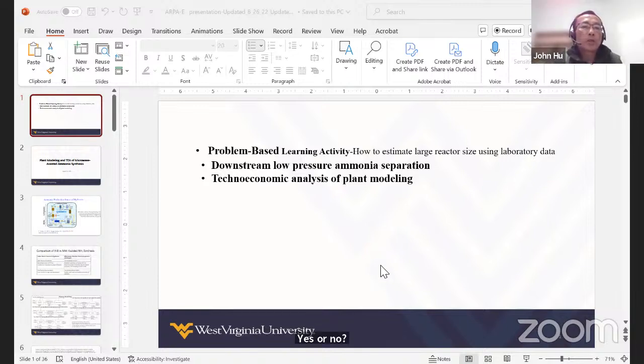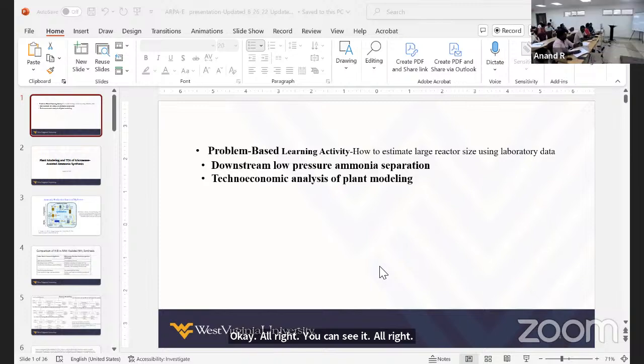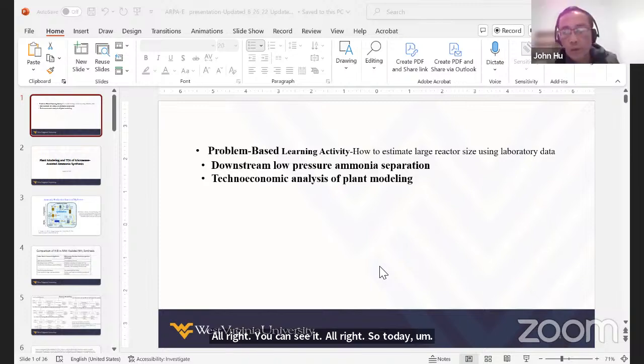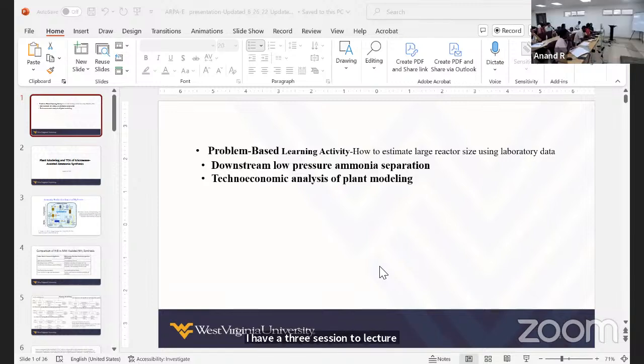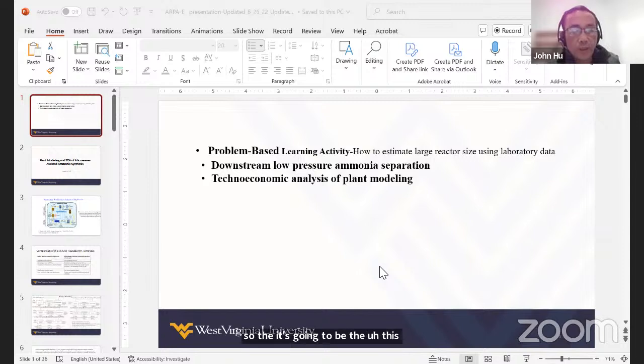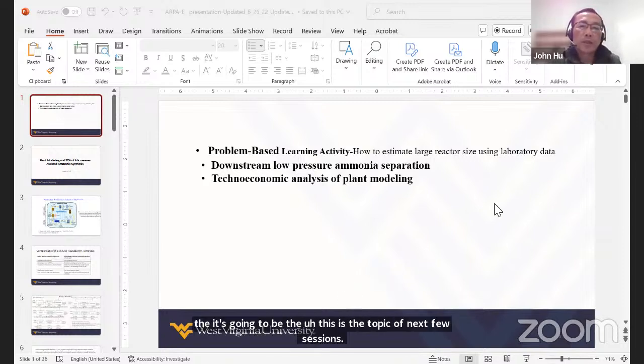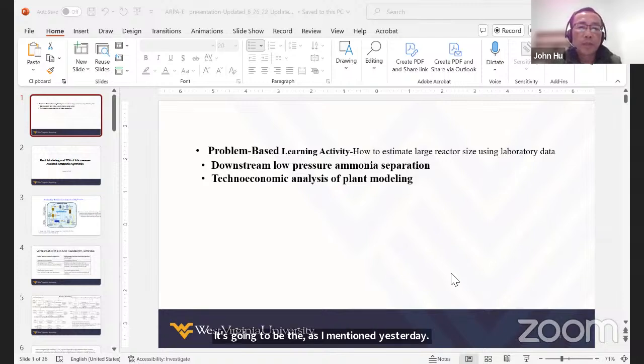All right. So today I have three sessions to lecture. This is the topic of the next three sessions. The first, as I mentioned yesterday, is the problem-based learning activity: how to estimate the large reactor size using laboratory data.